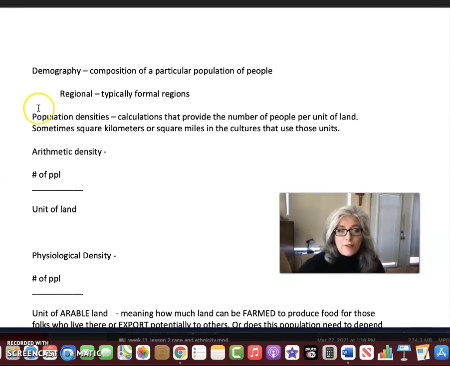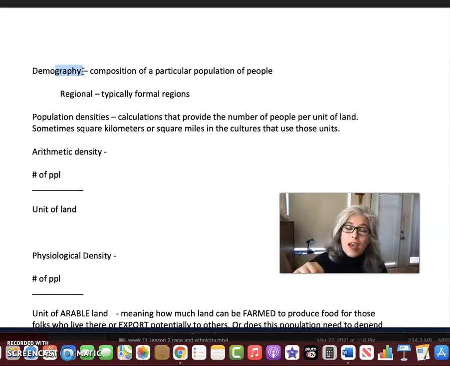If you remember when we learned what cartography was, drawing maps, or geography is drawing or describing the earth, literally the graphy there means drawing or describing something, and in this case, people. So demo, you might be making an association of this prefix to the word democracy, which is political rule by the people. So this is a description of the people.